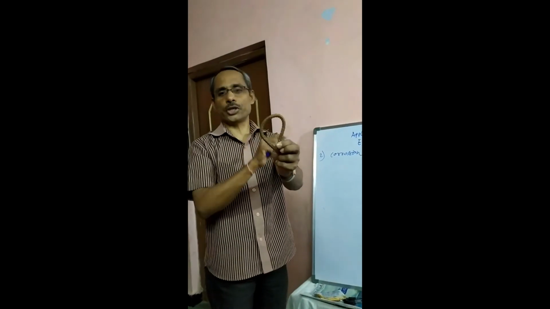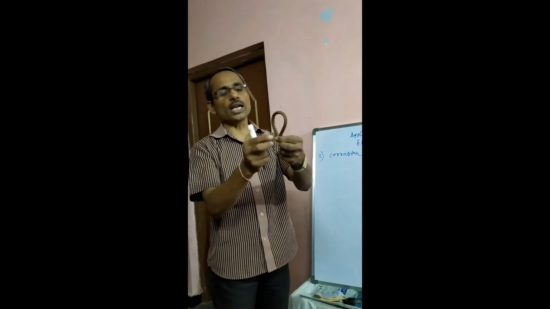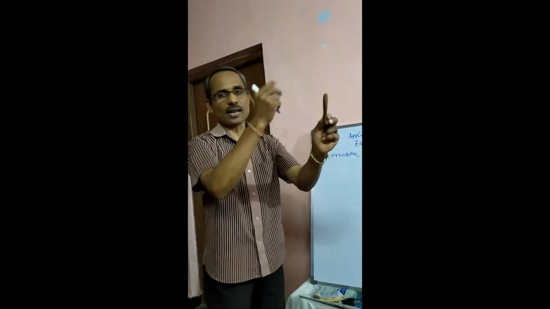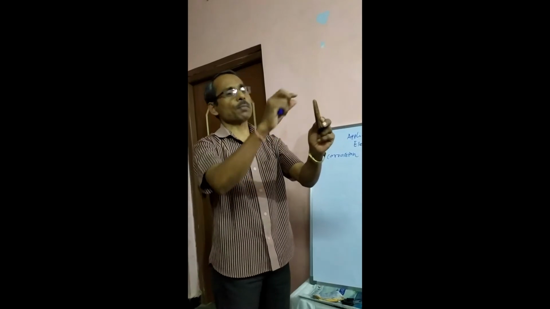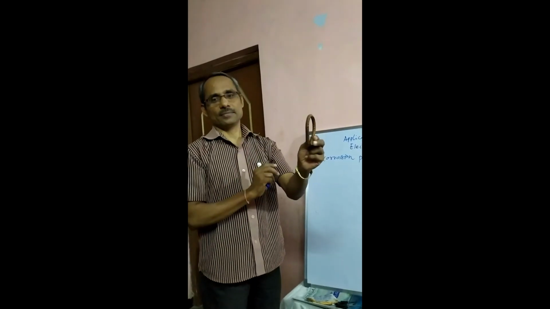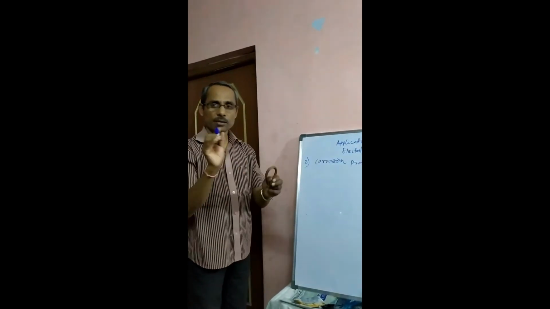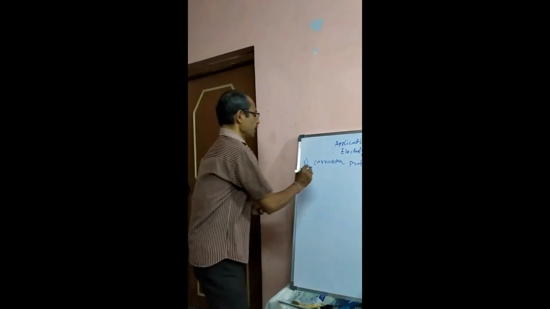Now if you want to protect this iron from rusting, then what you can do is cover its surface with another metal. That means now the metal is protected. This can be done by the electrolysis process. Let me tell you a little bit about how.